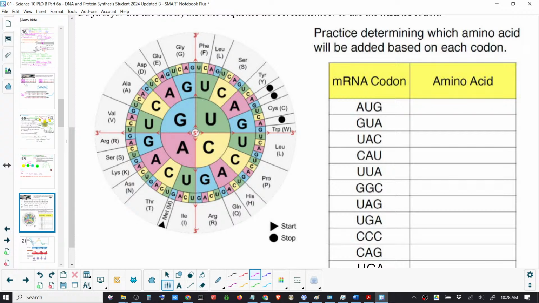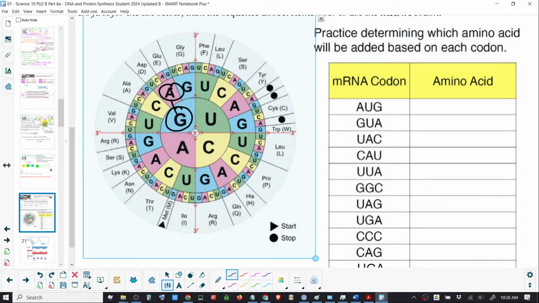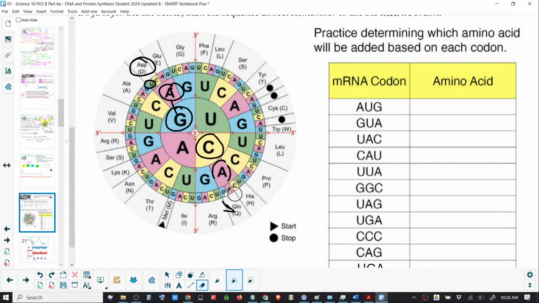This is the first letter. And you go, oh, it's G-A-U. That's pretty. It is C-A-G. Glycine. And so you can go through and do all of them as a little round table. They have symbols for start and stop.